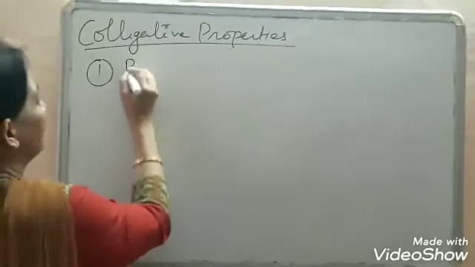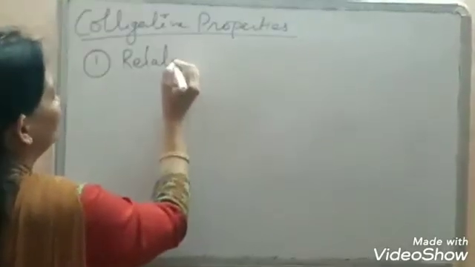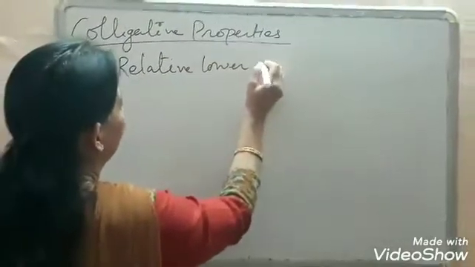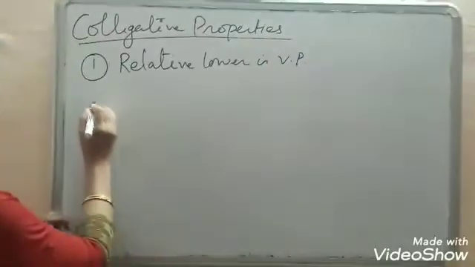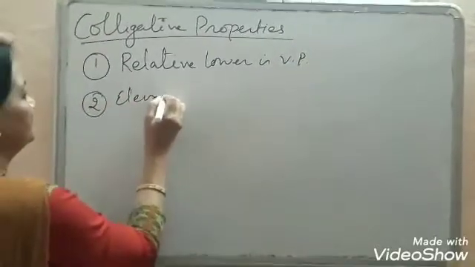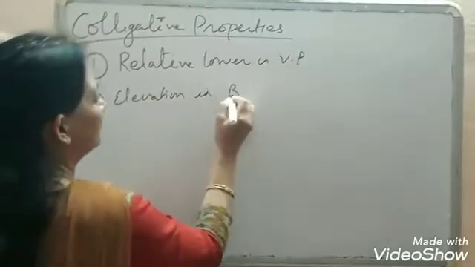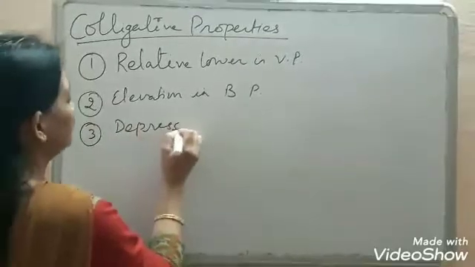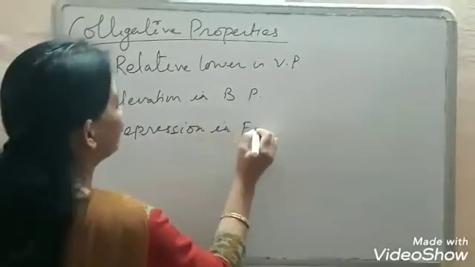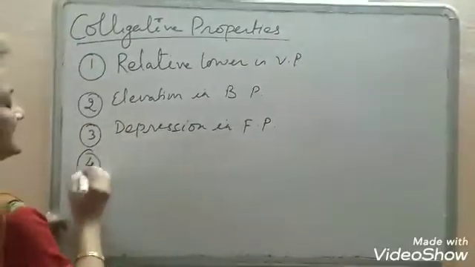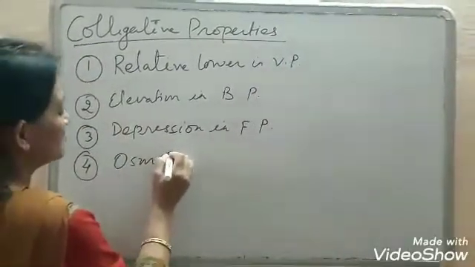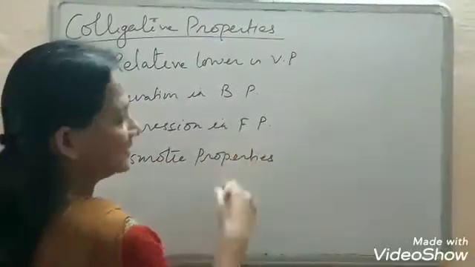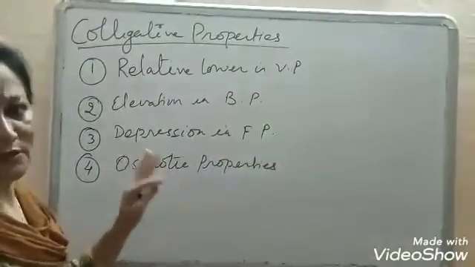The first, which you would be able to recall, is relative lowering in vapor pressure, then elevation in boiling point, then the third colligative property is depression in freezing point, and number 4 is osmotic pressure. So these are the 4 colligative properties we have to understand, and we have to solve their numericals.